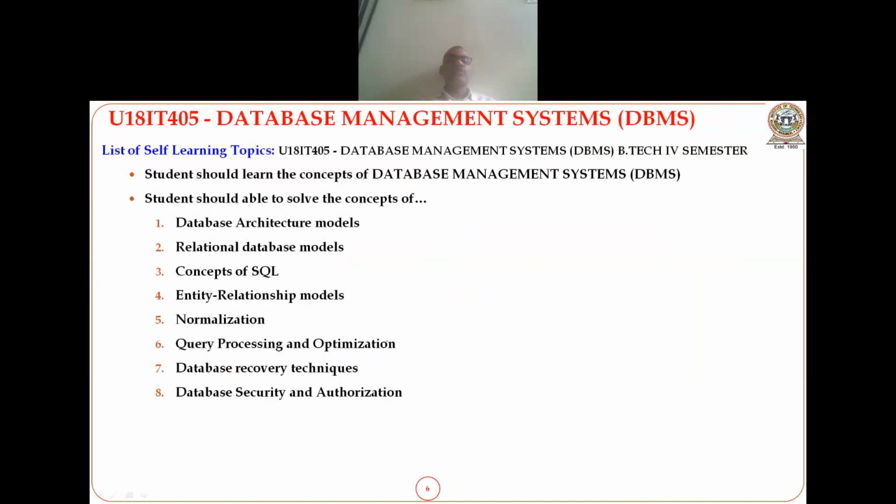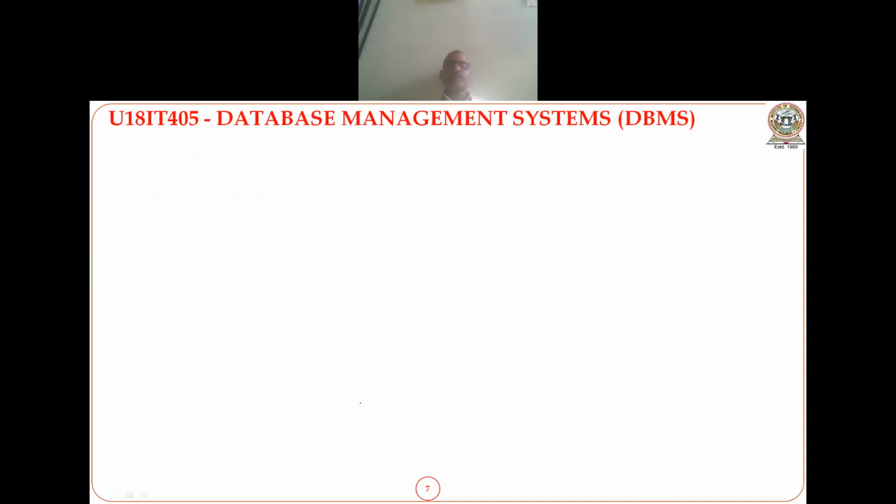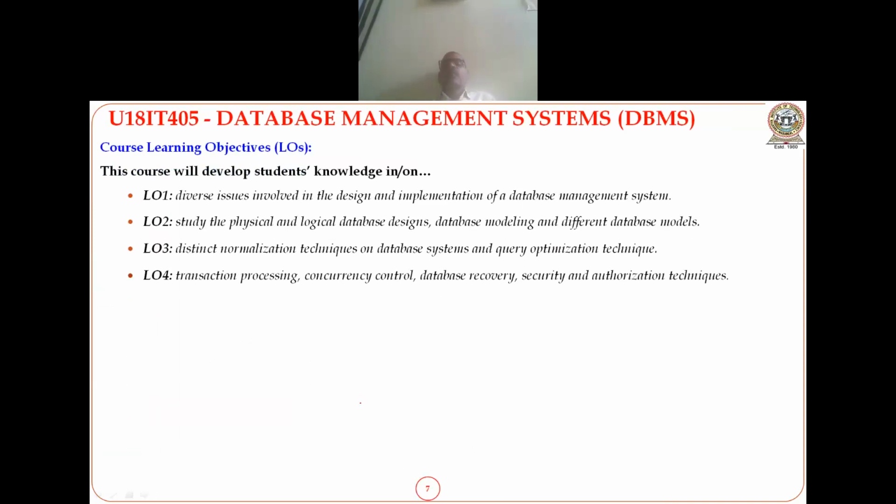These are the list of self-learning topics that you should learn: the concepts of database systems, database architecture models, relational database models, concepts of SQL and the entity relationship model, normalization, query processing and optimization, database recovery techniques, and database security and authorization. Some self-learning topics pertaining to these are uploaded in the course web.